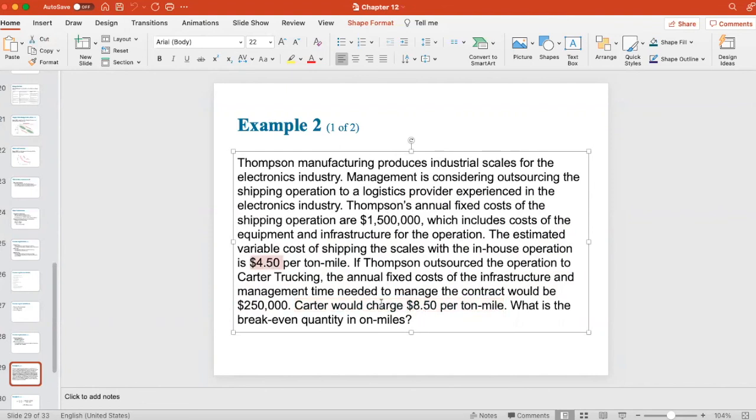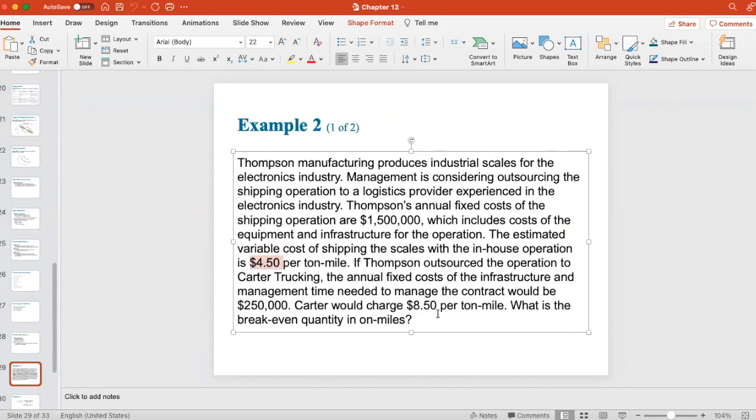It's actually quite intuitive. Within vertical integration, since you own it, the fixed cost you have to spend, which you can view as an investment, will be higher, which is $1.5 million. However, once you own it, you become a centralized supply chain system, and the corresponding variable cost is normally much lower compared to outsourcing.